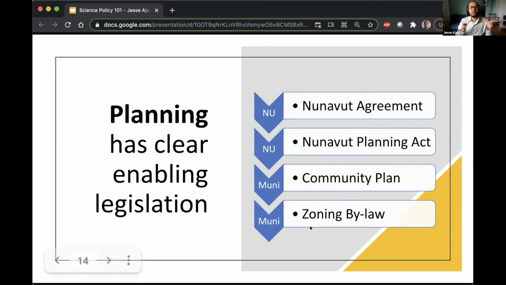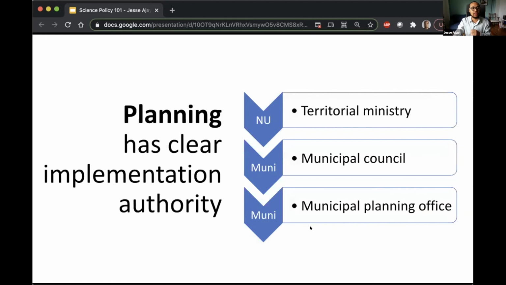The reason I bring this up is just to show that there's a clear path to understanding who has the authority to make the decisions here. In this case, the decisions about what gets approved for development. And next, there's a clear implementation authority. The territorial ministry, as a branch of the government of Nunavut, is responsible for oversight, so there's a second check.